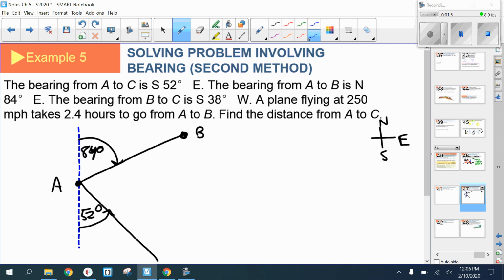And then it says the bearing from B to C is south 38 degrees west. So we've got another bearing from B to C. There's your north-south line, and it says south 38 degrees west. So we need to go from south to the west, 38 degrees to the west.